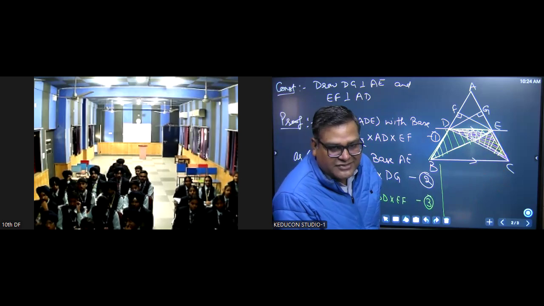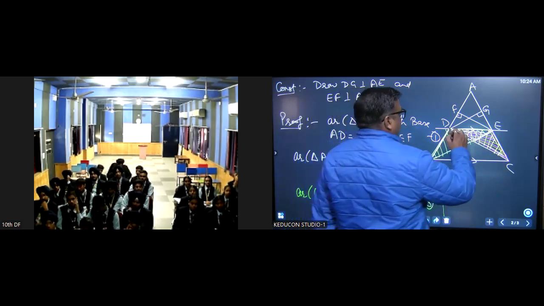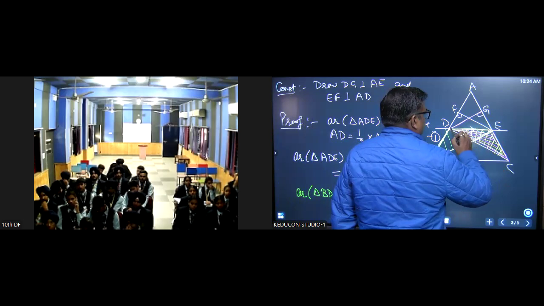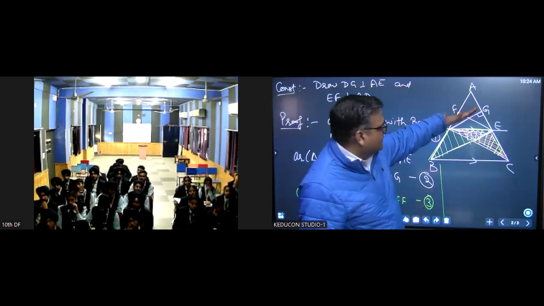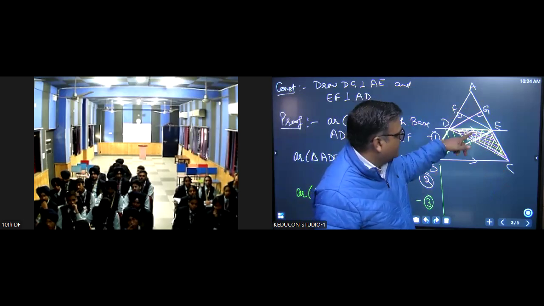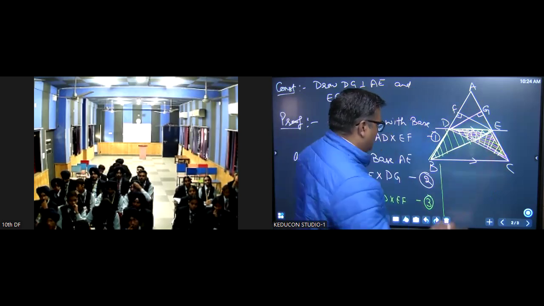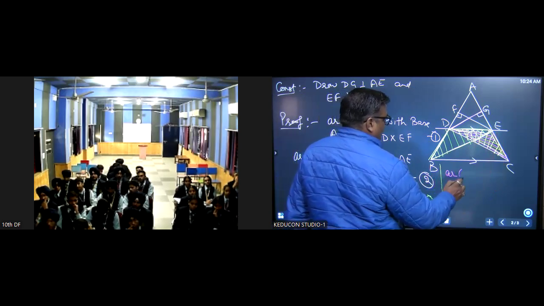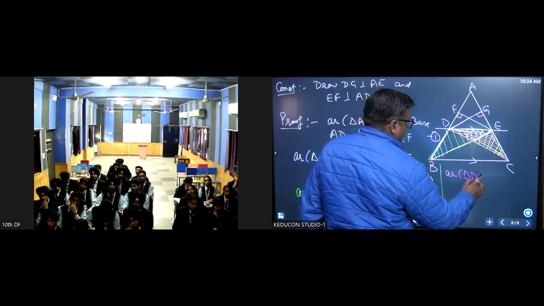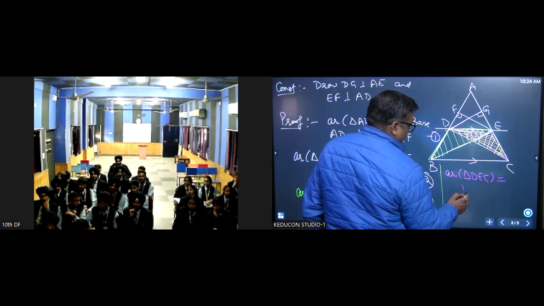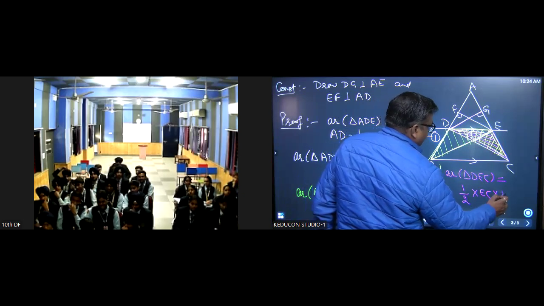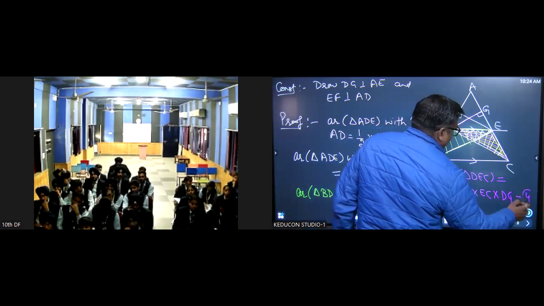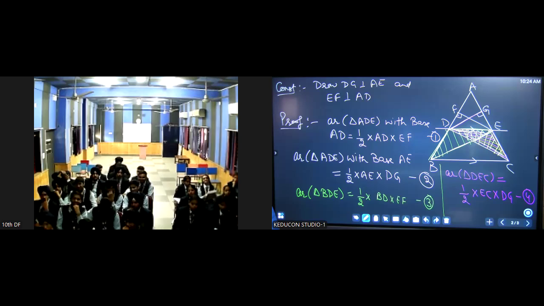Now height of this triangle will be BG, right? Is this clear, bachcho? This will be the height and base is EC. So area of triangle BEC will be equal to half into base into height, BG. Any doubt, bachcho, in this? If you have any doubt, please let me know.